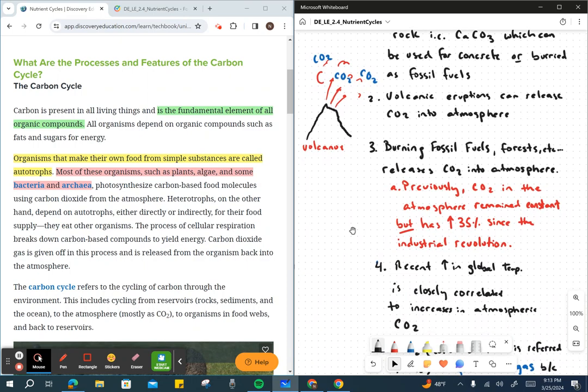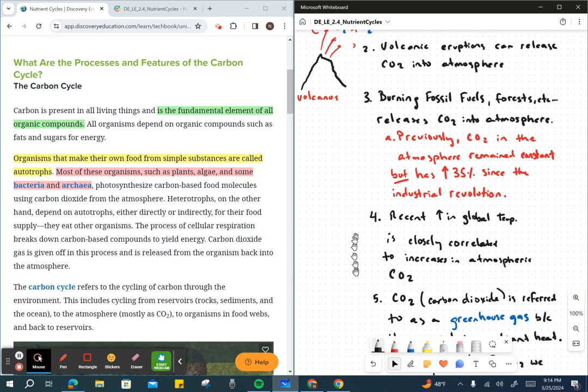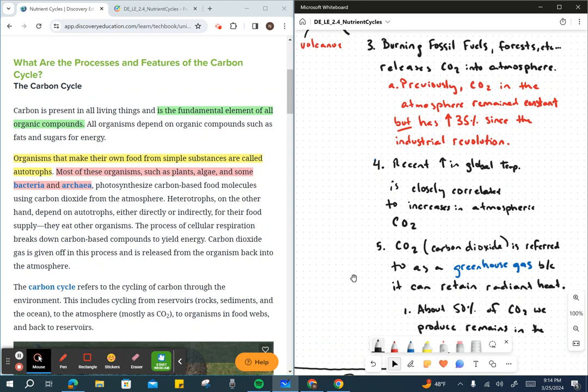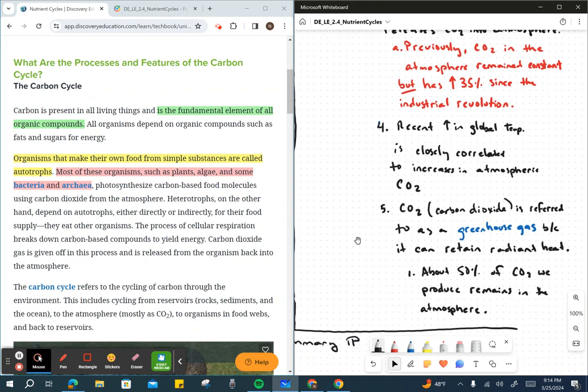It said in your text that previous to the Industrial Revolution, carbon dioxide had pretty regular, consistent levels in the atmosphere. And it's only since the Industrial Revolution that we've seen about a 35% increase in carbon in the atmosphere. So, human caused. Anthropogenic is the term for that. Recent increases in global temperature are closely correlated to increases in atmospheric CO2. This is probably important. Take a look at step number 5.